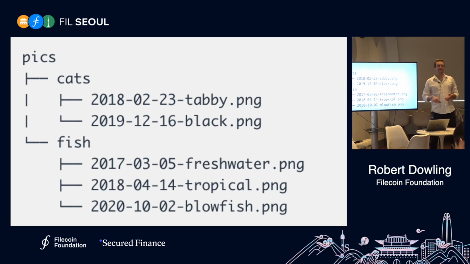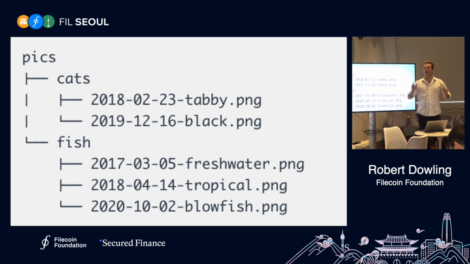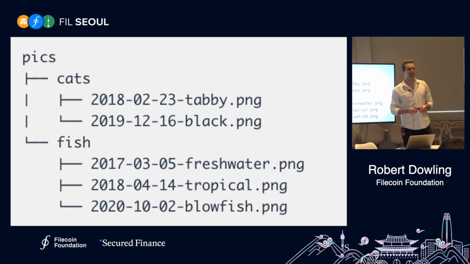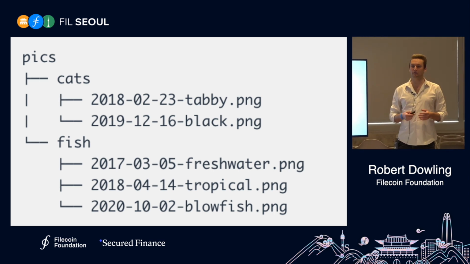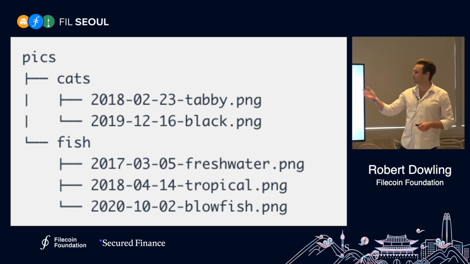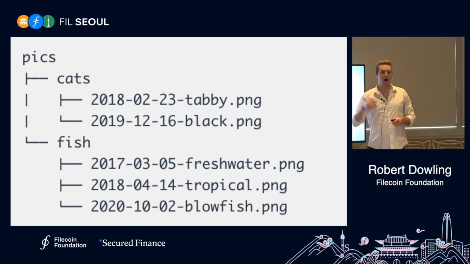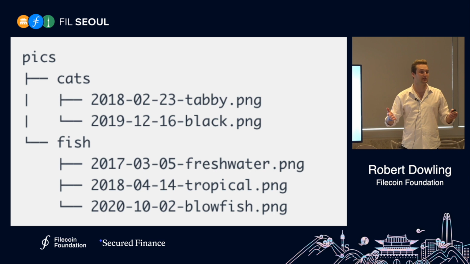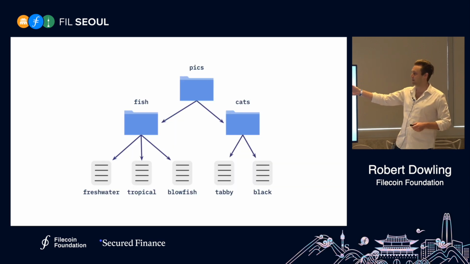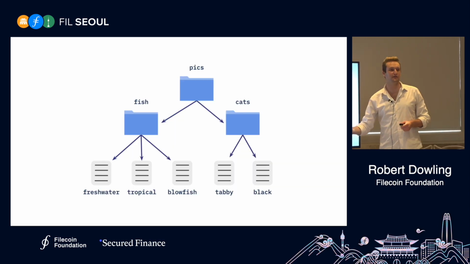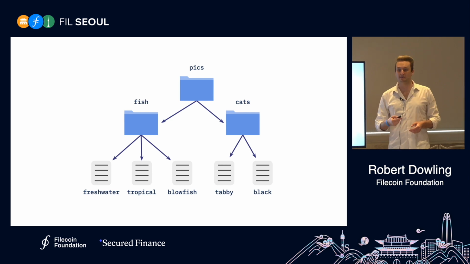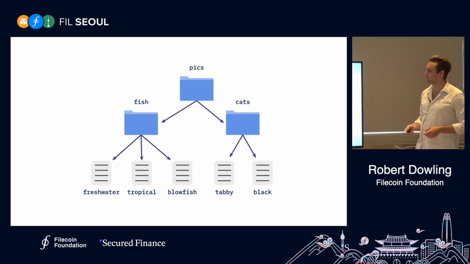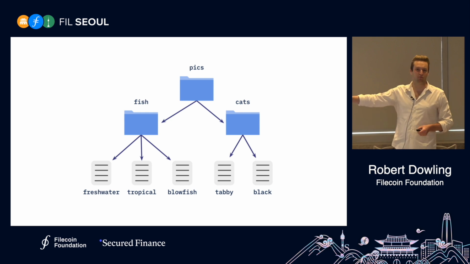How can we understand how these files are organized? Just as you might have a folder of pictures on your computer with subfolders where you have all your photos of cats and all your photos of fish, we do something similar on Filecoin, except we use some graph theory.